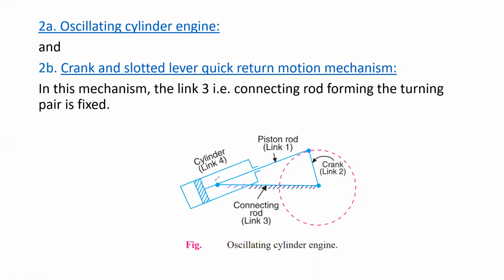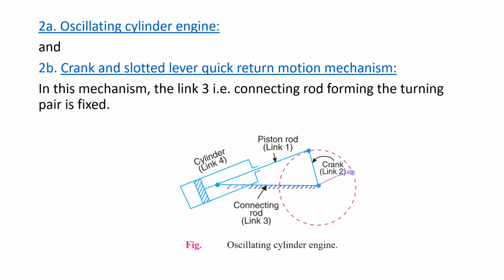See, the piston rod is rigidly connected to the piston. When this piston will slide into the cylinder, this piston rod will also slide like this into the cylinder. Okay, so when this crank will rotate, you can see that this piston rod's end will go into a circular path like this. So suppose when this piston rod's end will come here at this point.